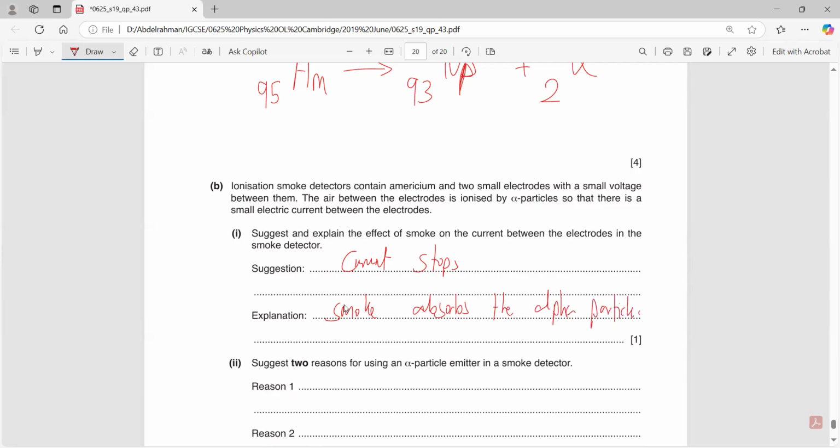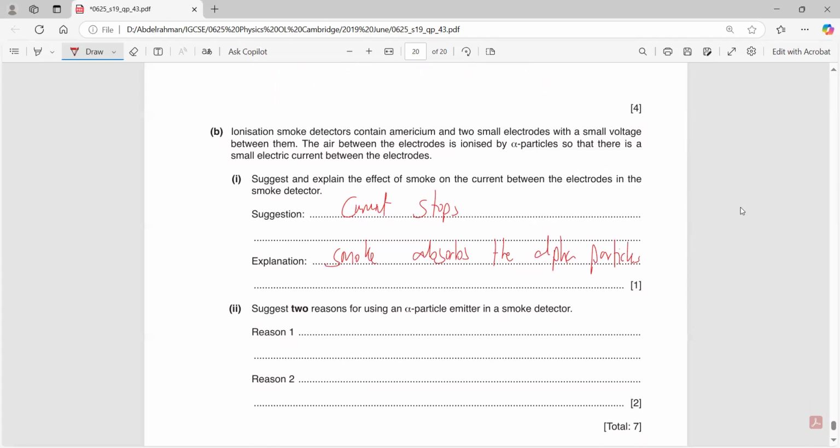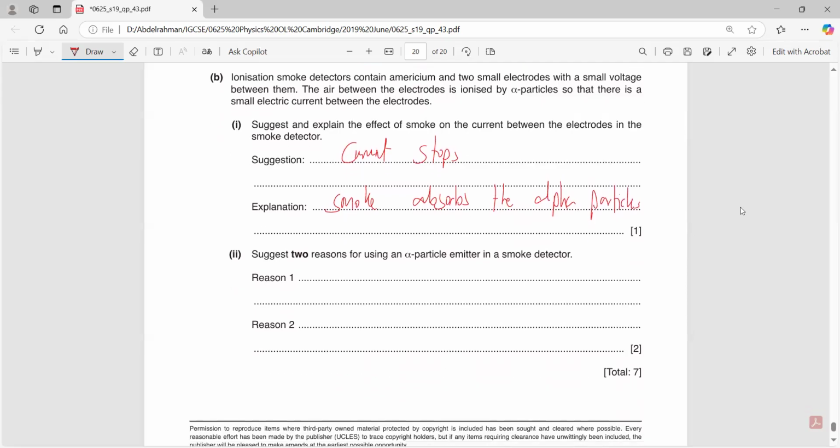So you cannot ionize the air anymore. You can only ionize the air if there is no smoke in this air. Therefore, the current will not pass, the air will not be ionized, and the electrodes won't conduct any electricity.